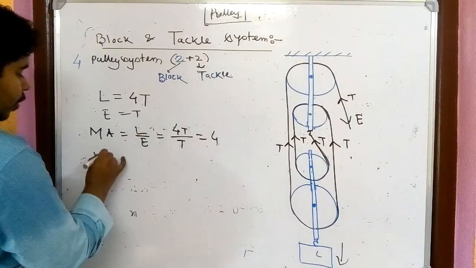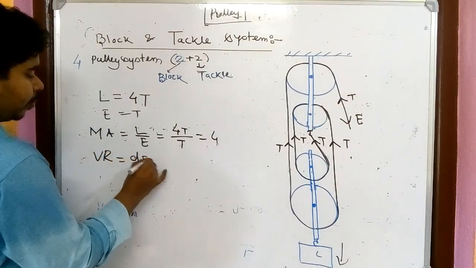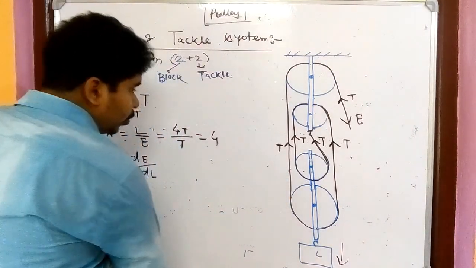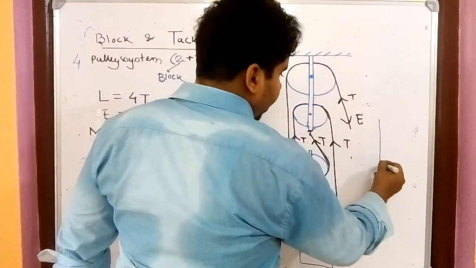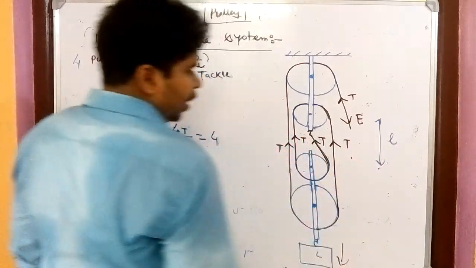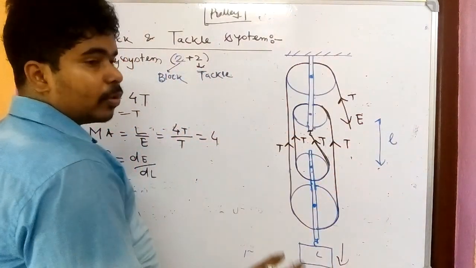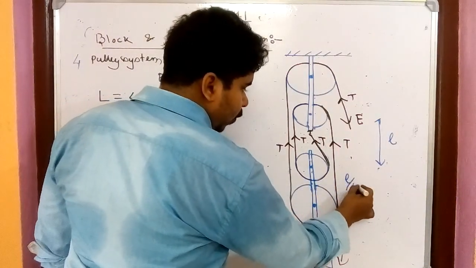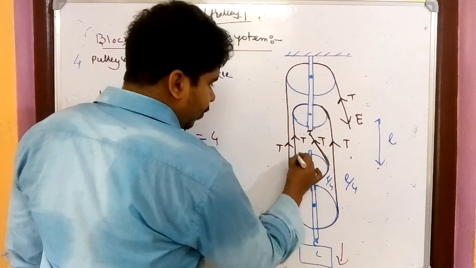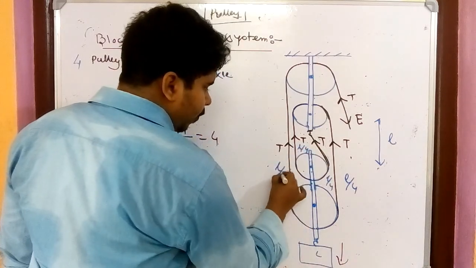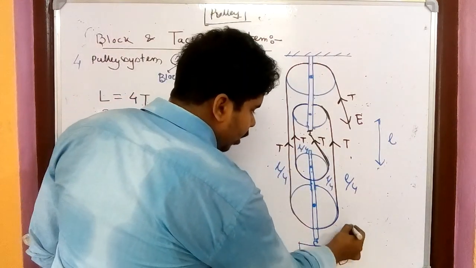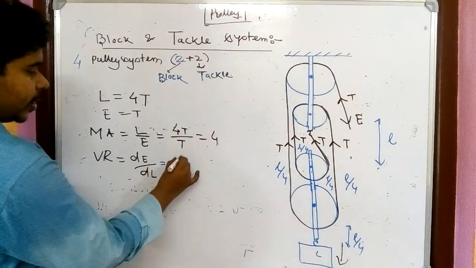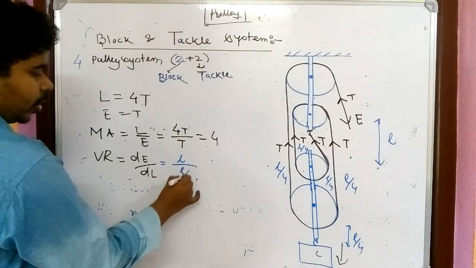Talking about velocity ratio, dE by dL. If due to the effort the string is displaced by L, then it will be distributed among 4 strands, so L by 4, L by 4, L by 4 and L by 4. So load is also lifted by L by 4. Displacement due to effort is L, displacement due to load is L by 4.